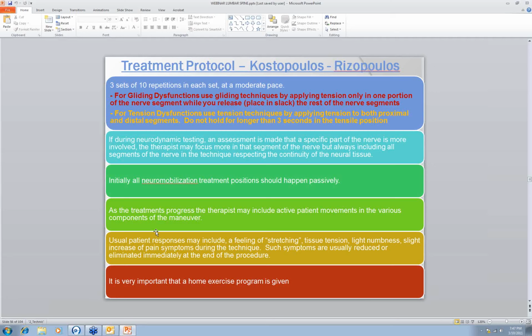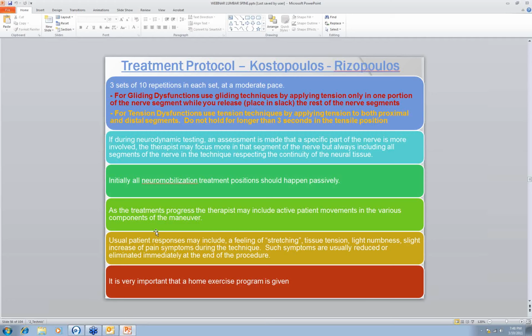We utilize 3 sets of 10 repetitions in each set at a moderate pace. If you have a gliding dysfunction, we'll use the flossing technique. If you have a tension dysfunction, we'll use the tension technique.